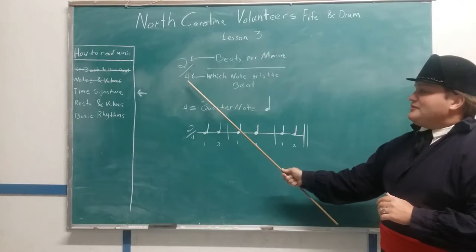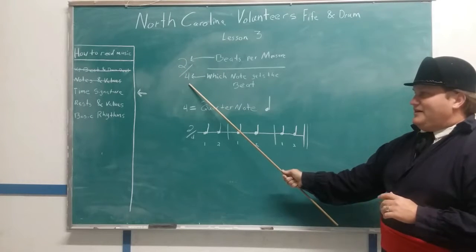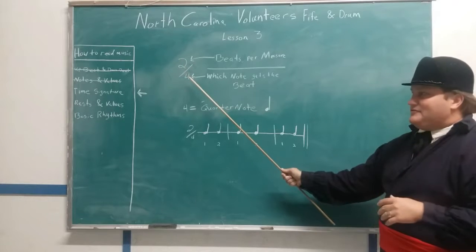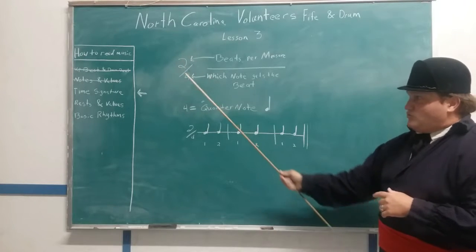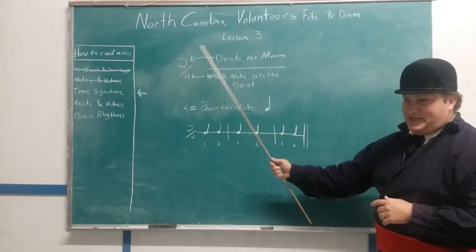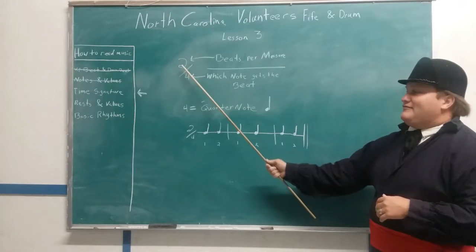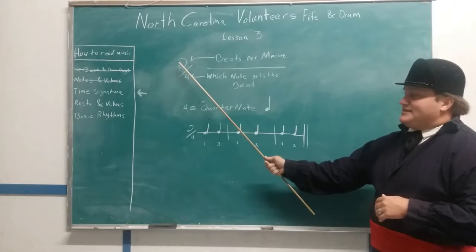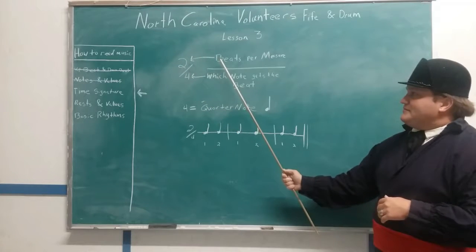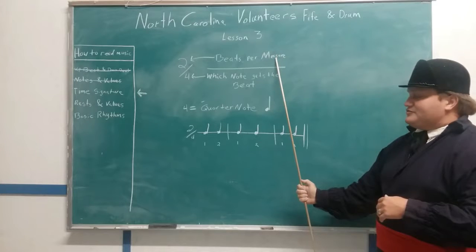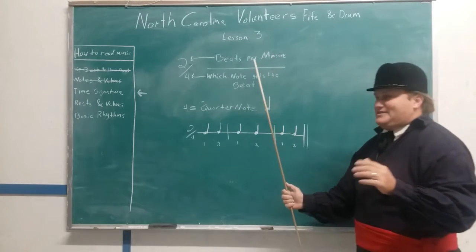This would be what we call 2/4 time. You don't have to call it half or break it down any further than what it is on the board here. It is 2/4 time. So what does a time signature have? Well, obviously it's got two parts. The top number is beats per measure, and we'll get into what a measure is in just a second.